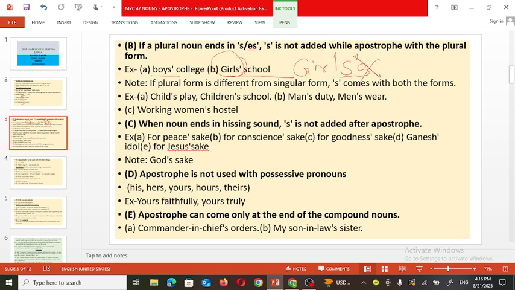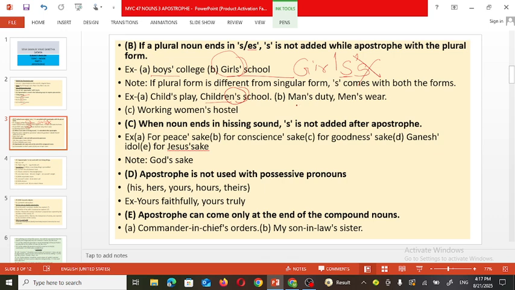If the plural form is different from the singular form, s comes with both forms. For example, child's play, and children's play. Children is the plural of child, and the spelling of children does not end with s or es. In such cases, we can use apostrophe s at the end.